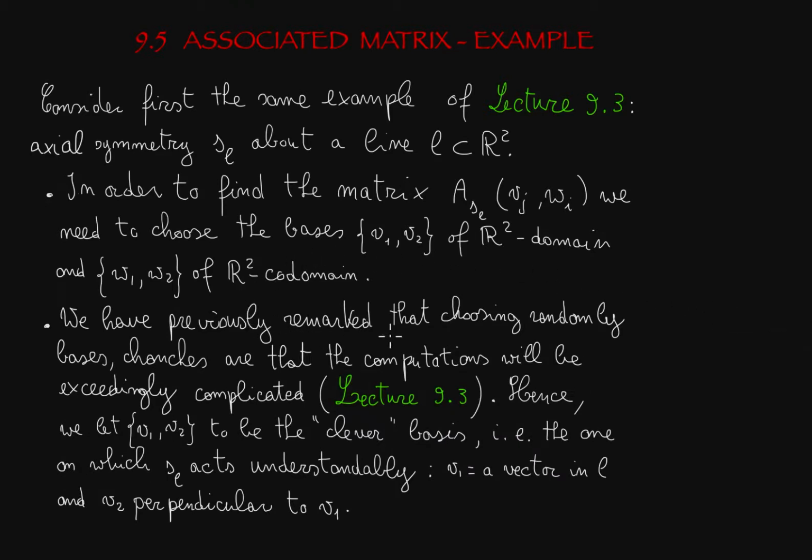We have previously remarked that choosing bases randomly, chances are that the computations will be exceedingly complicated. See lecture 9.3. Hence, we let V1 and V2 be the clever basis that we found in that lecture, i.e. the one on which SL acts understandably.